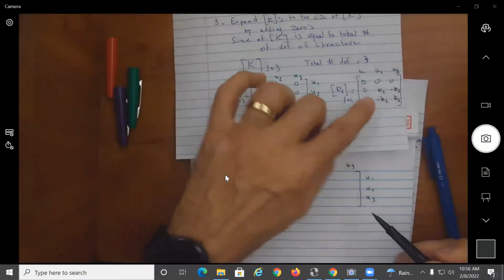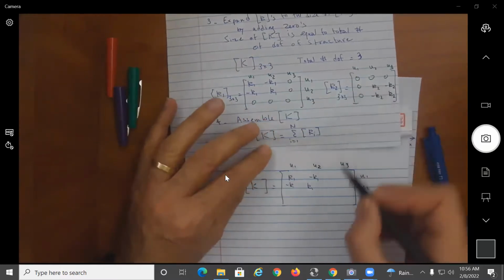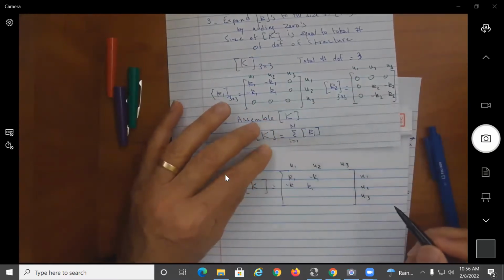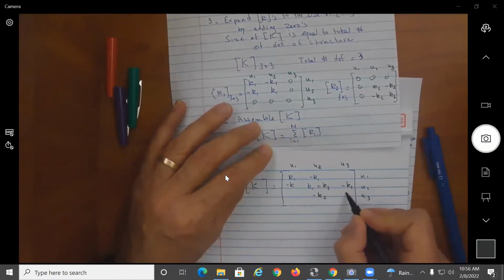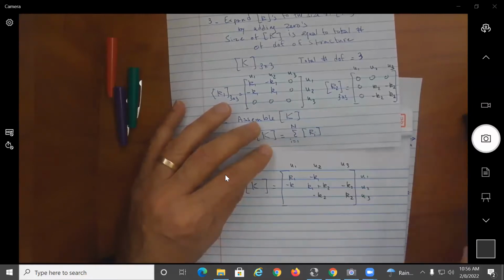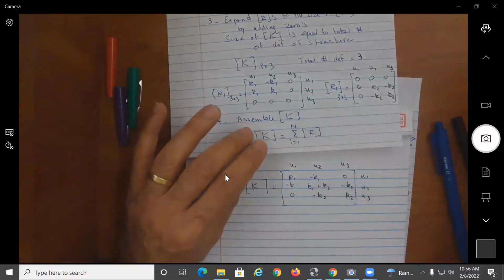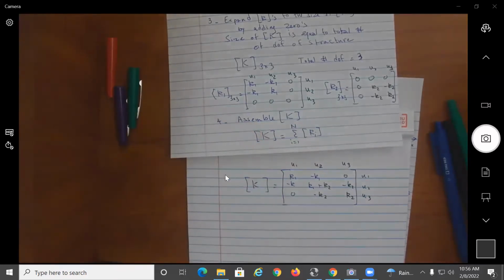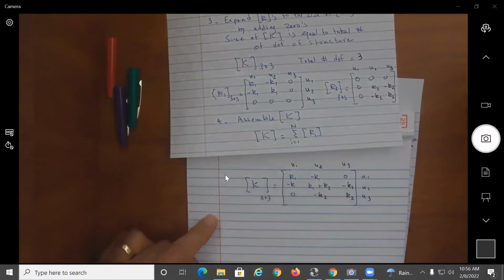And I'm going to add to this K2, each element going into its correct position. So I get here the plus K2, minus K2, minus K2, and K2. And of course, I still get a bunch of zeros, actually only 2 zeros now. So this is how we assemble this 3 by 3 K matrix using the direct method.